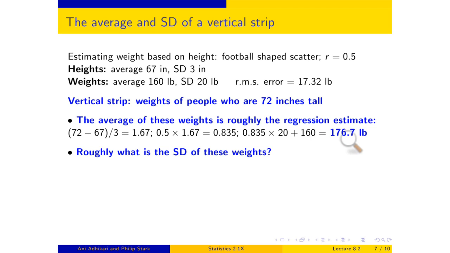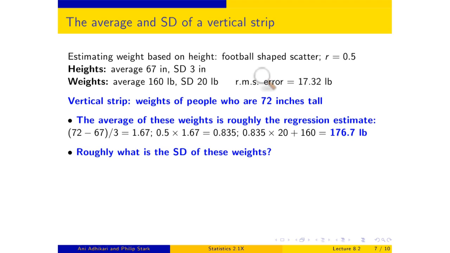So you're measuring distances away from the regression line, and we've got a measure of that. 17.32 is roughly the vertical distance from the regression line, except this is the rough distance from the regression line throughout the scatter diagram. And if your scatter diagram was very narrow in places and very wide in places, then in the narrow places you would expect the vertical distance to be quite a bit less than 17.32, and in the very wide places you would expect it to be more.